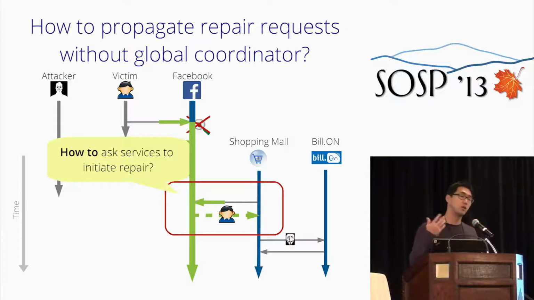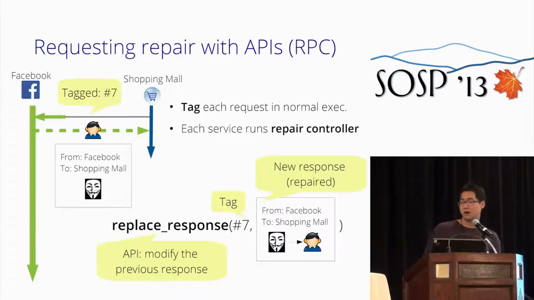Because we don't have any global coordinator, we need to somehow uniquely name each request so that multiple websites understand correctly. In order to do this, we assign an identifier to each request in normal execution. And each service runs a repair controller for recovery. To initiate a recovery, we simply contact the repair controller of the target website.